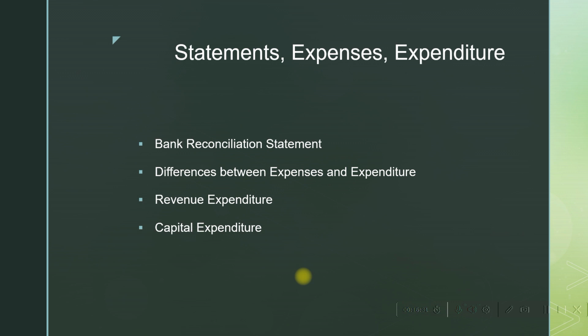We can cite many examples. Some examples of revenue expenditure are purchase of machinery for sale, daily wages of a peon, cost of replacement of a defective part of a machinery, and expenses incurred in the manufacture of products. So that is revenue expenditure.